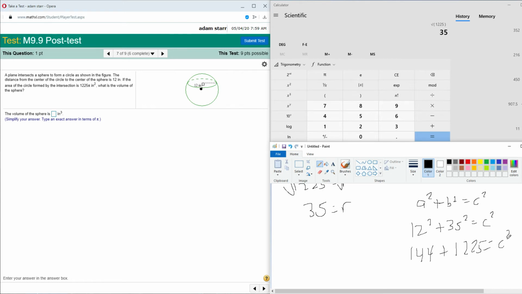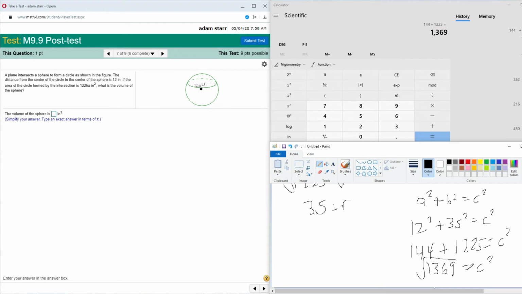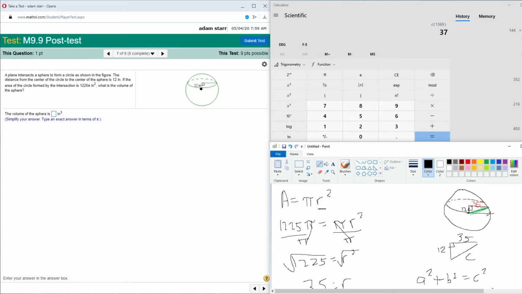So 144 plus 1225, which is 1369, equals c squared. Now I need to square root to solve for c. Coming to the square root button, I get 37 equals c, which means my radius is 37. So I just found the radius of my sphere.